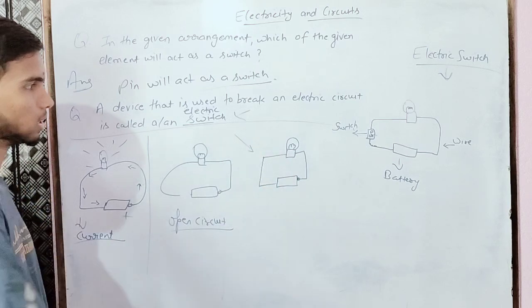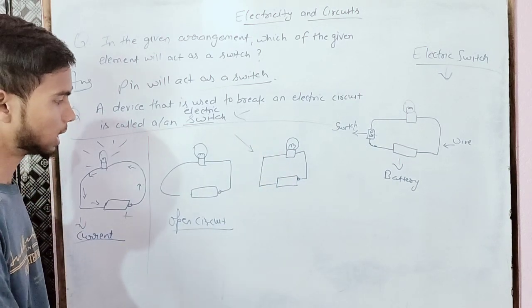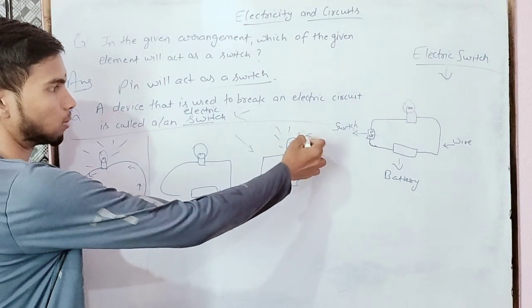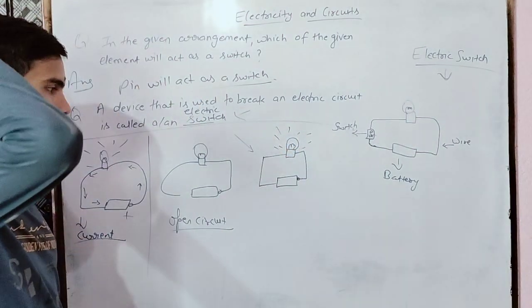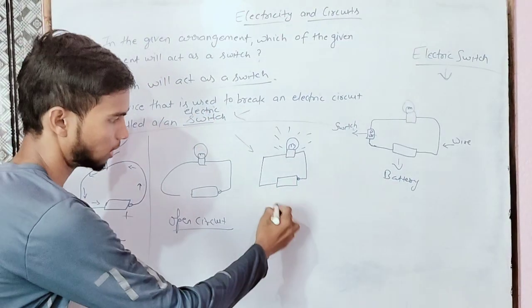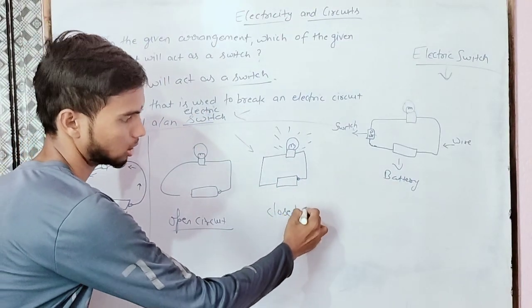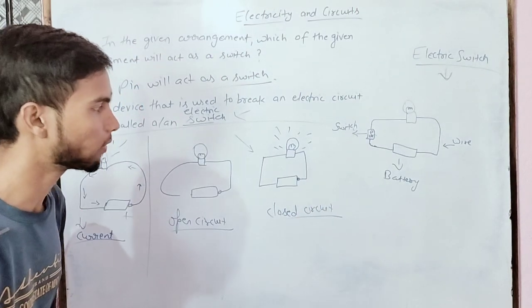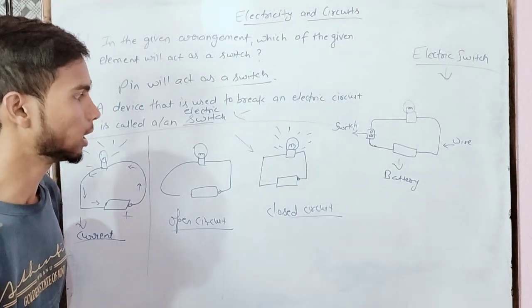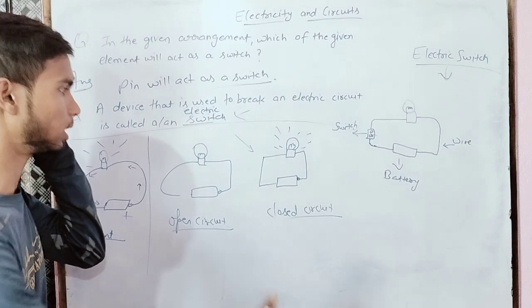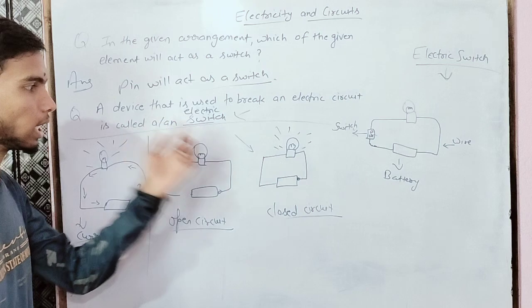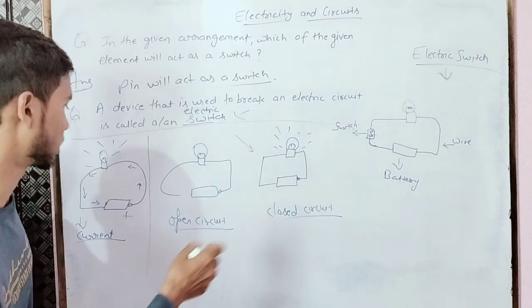Now in this case, this will glow because we have a closed circuit. You don't have any broken things in this figure. That's why we are naming it as a closed circuit.